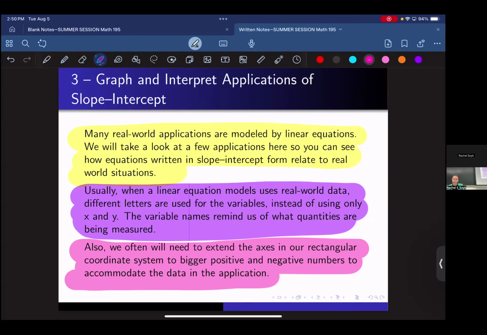Good. And then pink. So we often will extend the axis and angular coordinate systems to figure positive and negative numbers. So yeah. Nice. Well done.